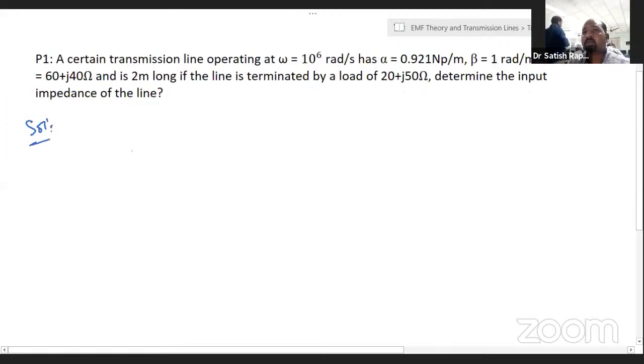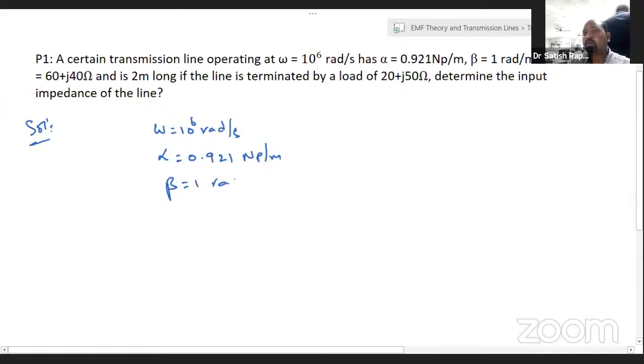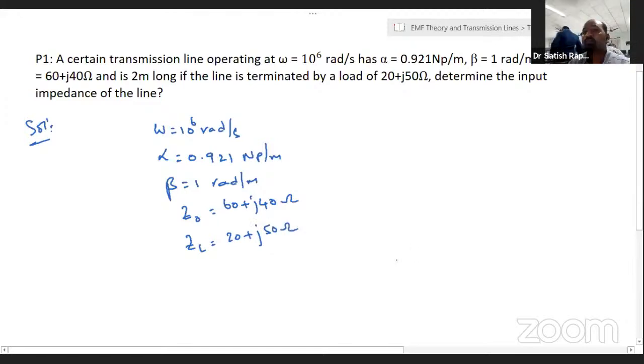So the problem says that a certain transmission line operating at omega is equal to 10 power 6 radians per second, alpha is equal to 0.921 nepers per meter, and beta is equal to 1 radian per meter, and Z naught is equal to 60 plus j40 ohms, and load impedance ZL is equal to 20 plus j50 ohm.